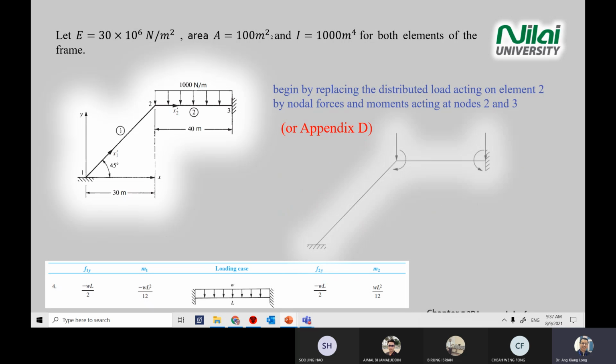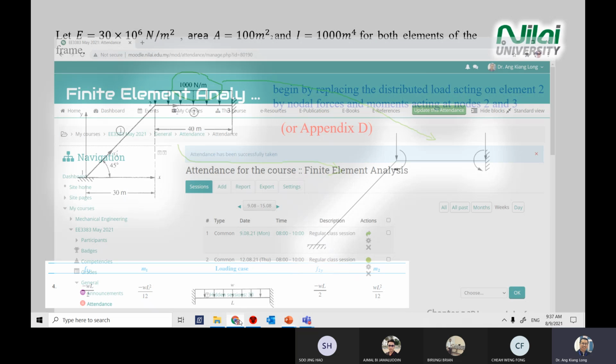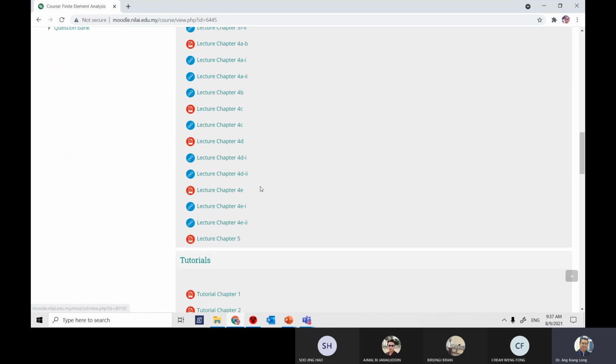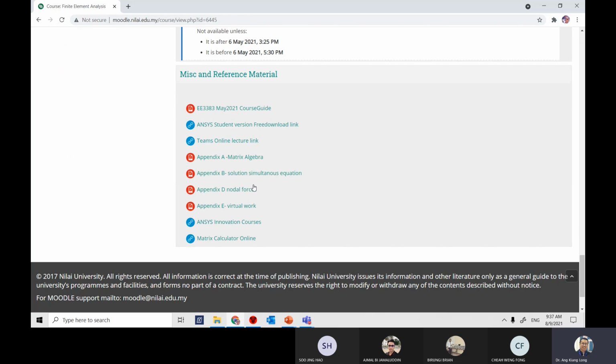Okay. The next steps, you convert this one to this one already. As you can see, we remove the distributed load into another free body diagram from Appendix D. Okay. You can redraw the diagram according to Appendix D. If you're not sure what is Appendix D, I'll open one more time for you.